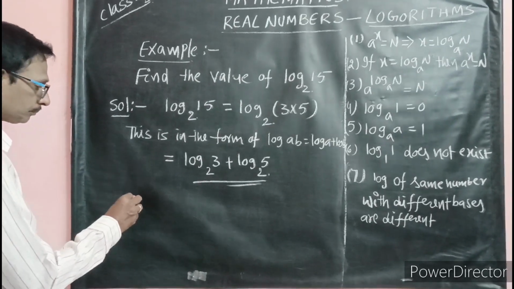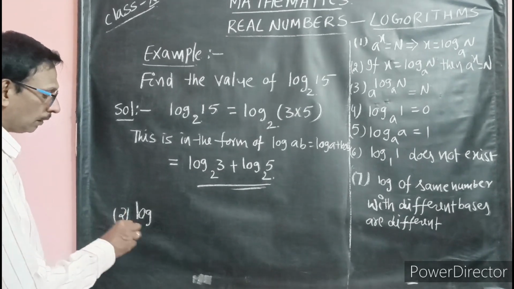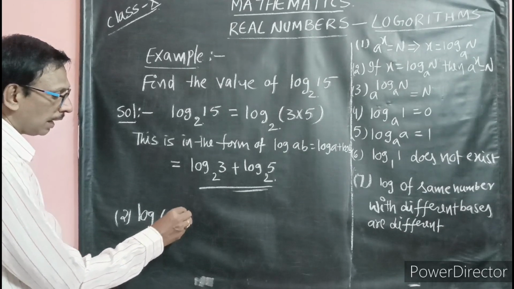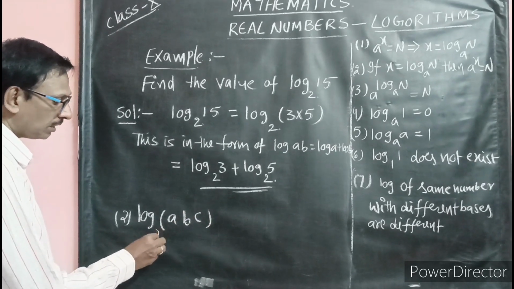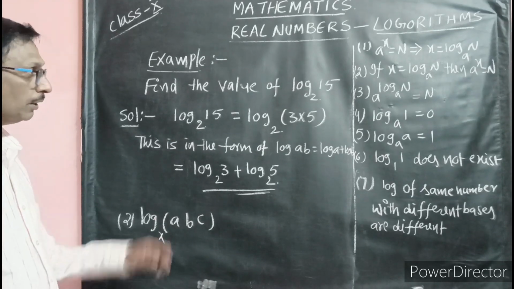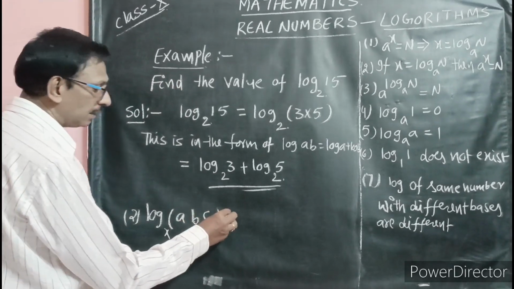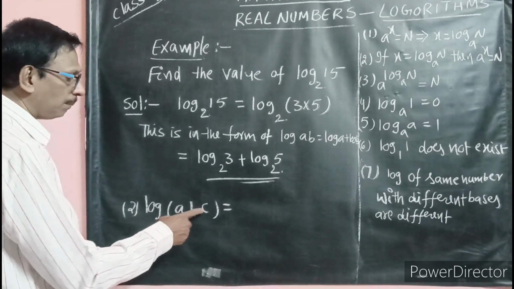Sometimes they will give expand log abc to the base x. By using the same law, we can expand this very easily. This is in the form of log abc.